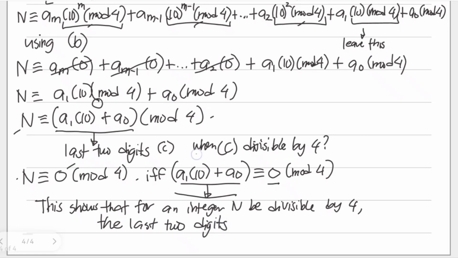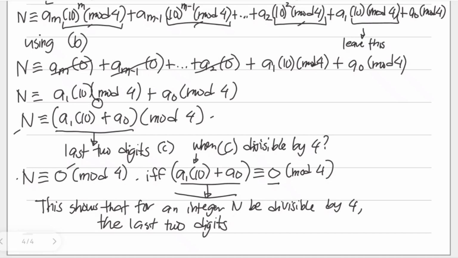Because you have your 10 here. If this is without 10, say for example, then you can say sum of the last 2 digits. But this is with 10. That means we're taking it as digits. The last 2 digits form, or the number, sorry, I have forgotten the term.